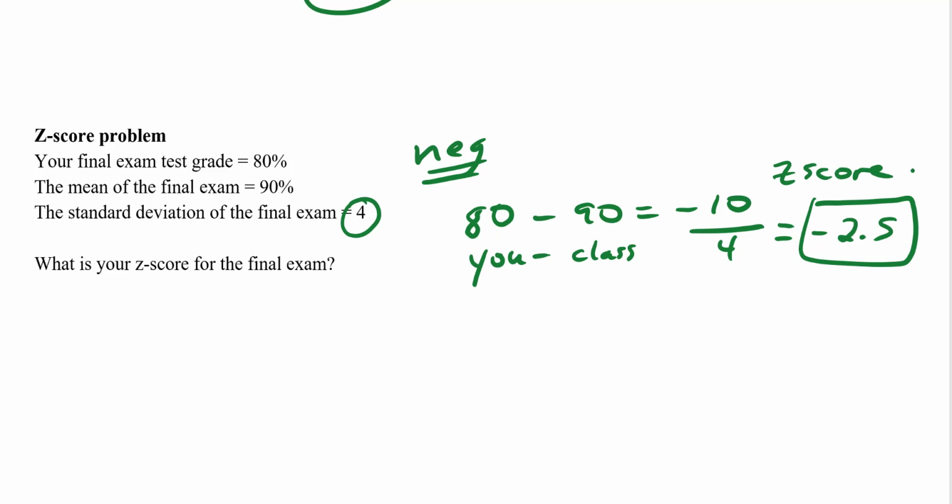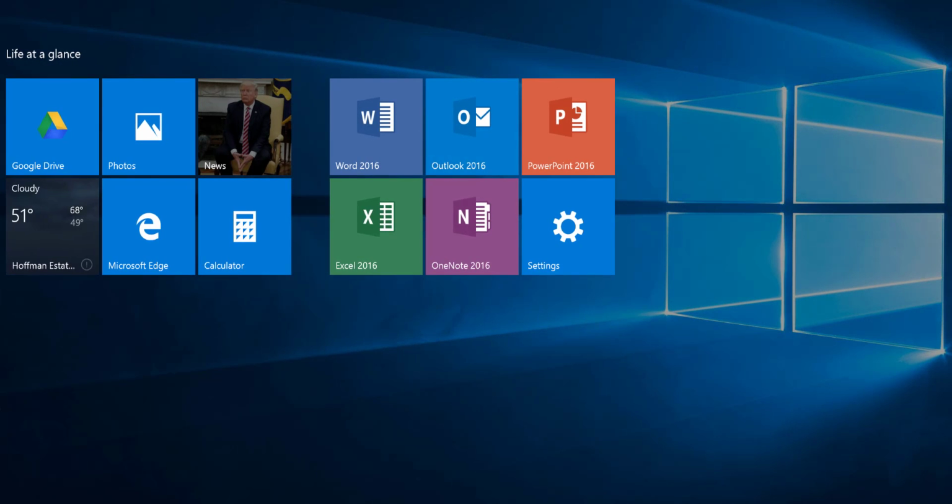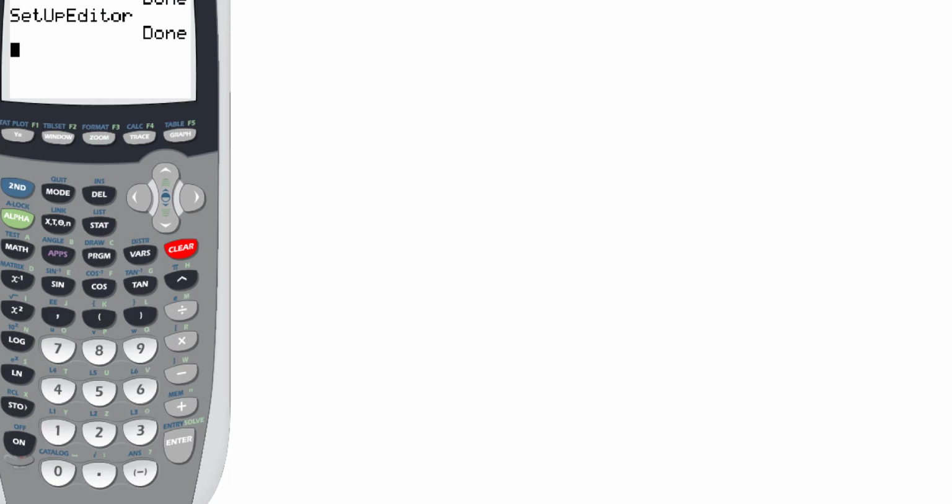Okay, pretty easy. All right, so let's do a problem with your graphing calculator here, because I want to show you how you can use your graphing calculator. So let us shrink this a little bit here and bring up the graphing calculator.